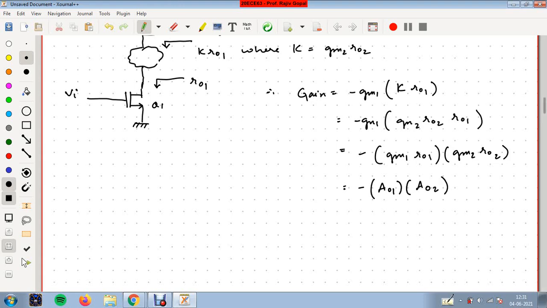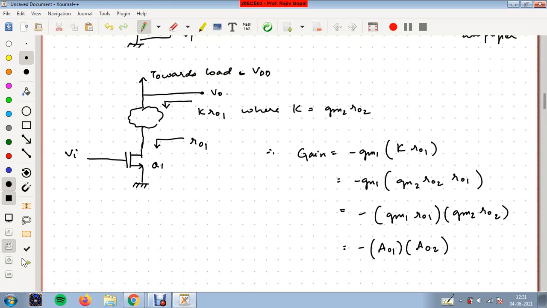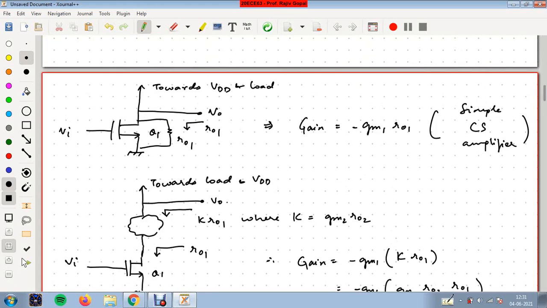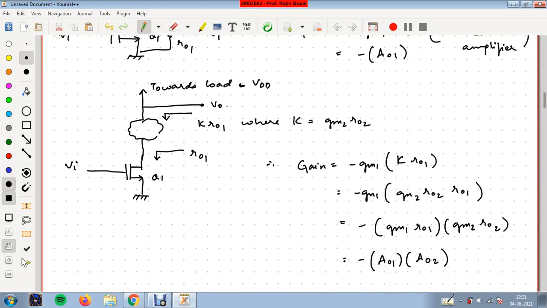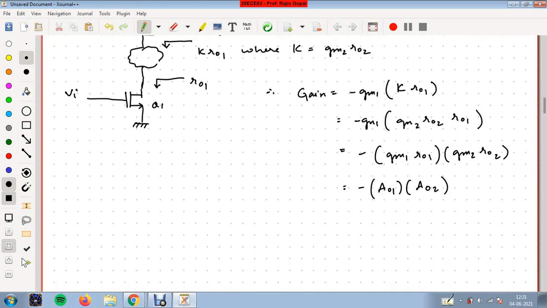Okay, so you can see that the gain has been drastically increased. Earlier it was minus A01. Okay, from A01 it has increased to A01 times A02.